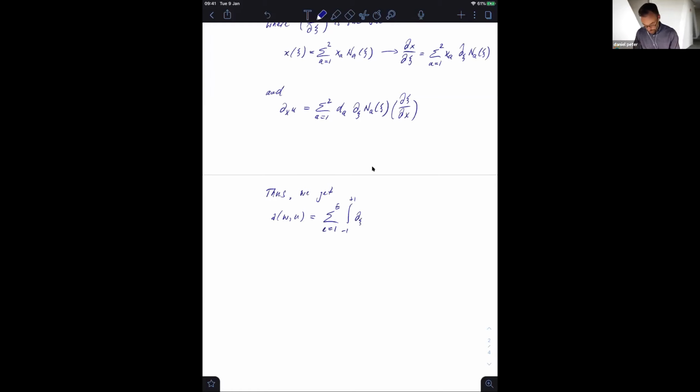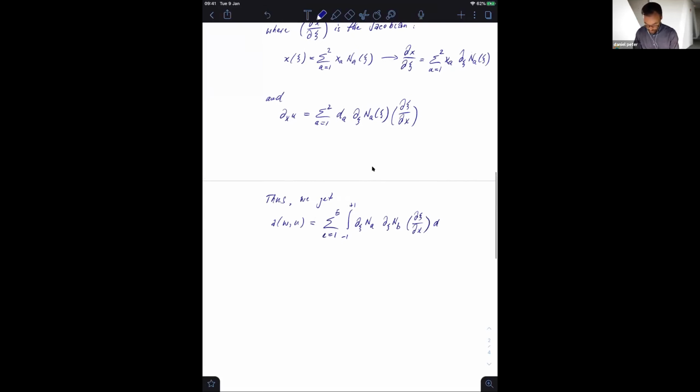And now we have these derivatives of NA and NB with respect to psi times the Jacobian or the inverse of the Jacobian over d psi.